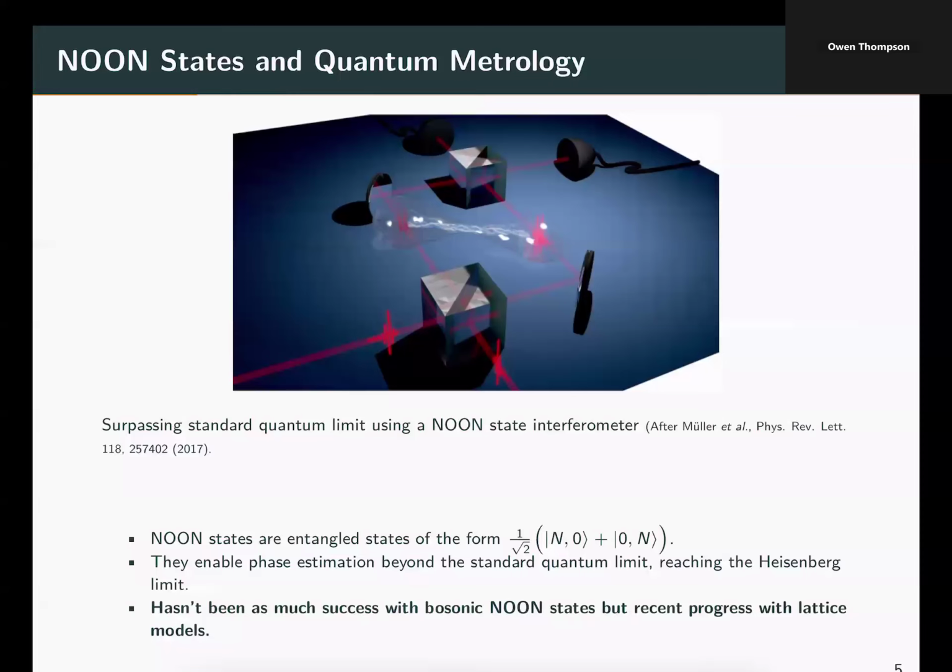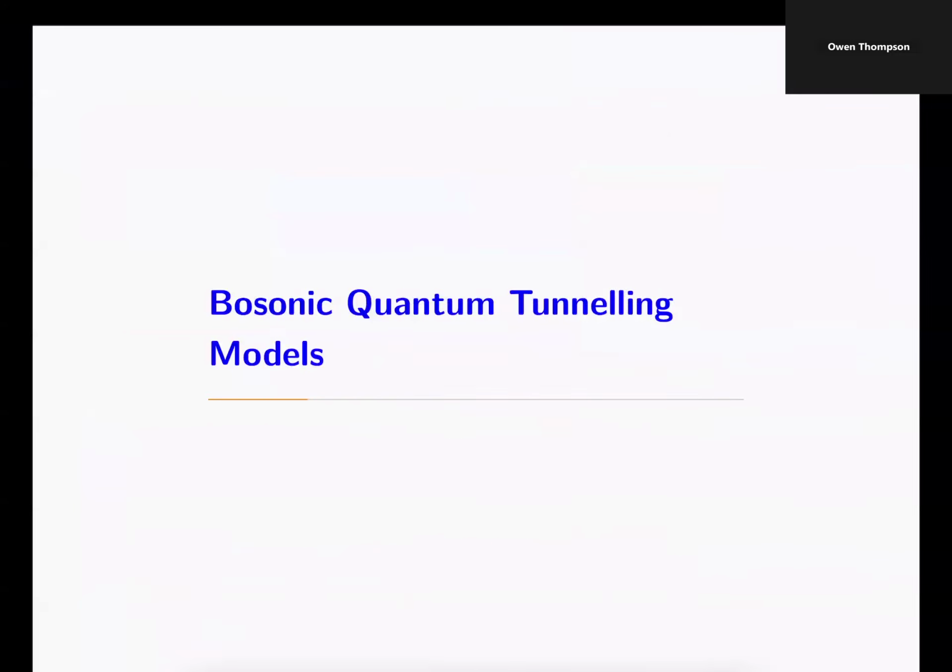These are pretty common in quantum optics because they're super valuable and let you push beyond the standard quantum limit. Even though they've become really prolific for quantum optics, they haven't been super popular in bosonic systems. But quite recently, there's been some progress looking at these with lattice models. So it's a good place to look for interesting and useful behavior. That's why we're interested in trying to find these families of models, and quickly some examples.